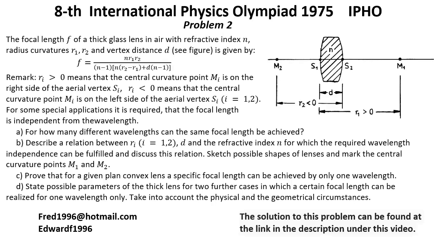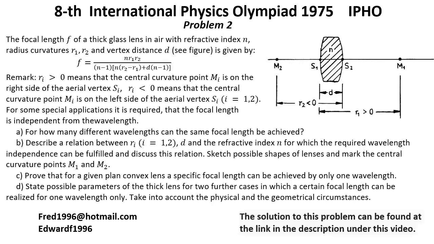Problem number 2. The focal length f of a thick glass lens in air with a refractive index n, radii of curvature R1 and R2, and vertices distance d, see the figure, is given by this formula.